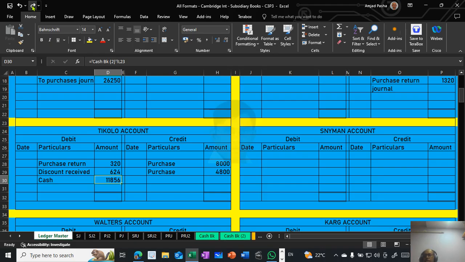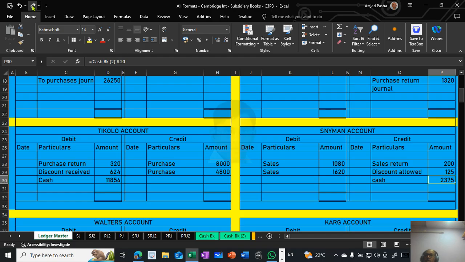Then Ticolo's account is over. Now we have to prepare Snyman's account. Snyman is a customer. We have sold goods to him. We have returned also. We have received, we have allowed a discount and we have paid. So what are the amounts? Sales, sales return, discount allowed, cash. So Snyman's account is also done.